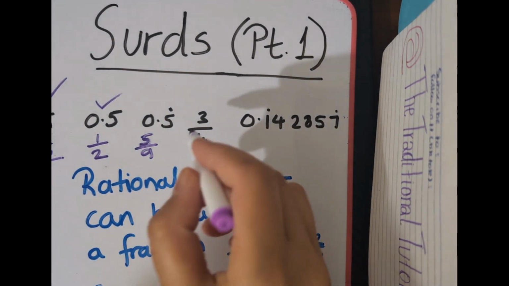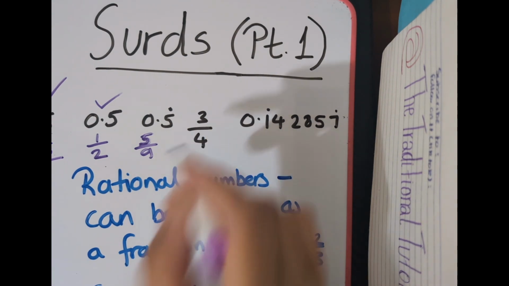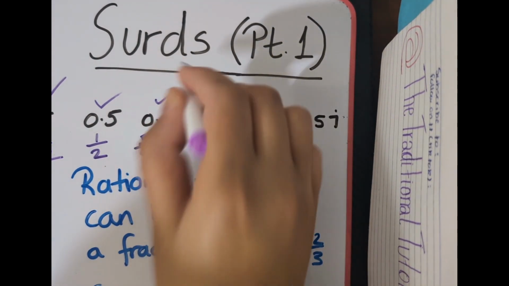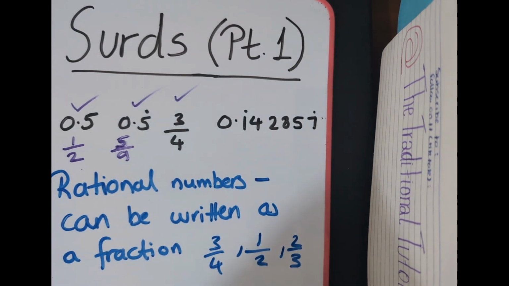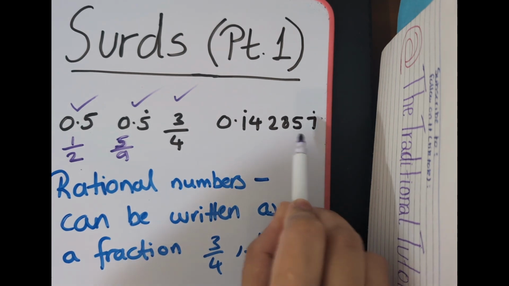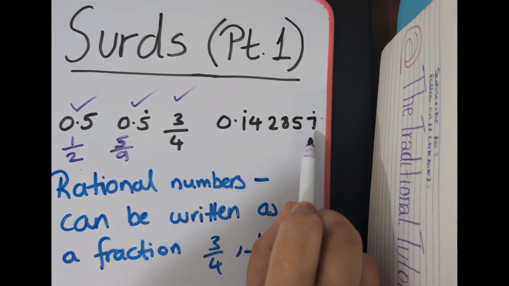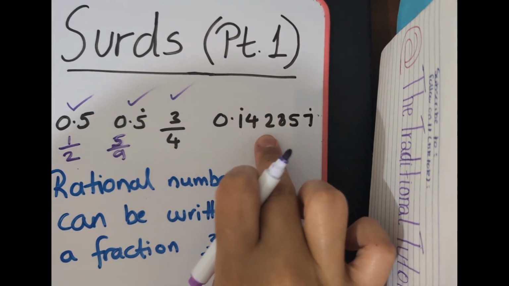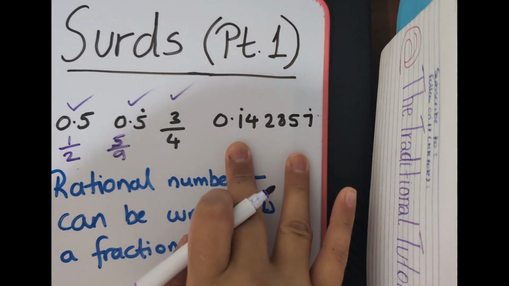Then moving on to 3/4, well, that is already a fraction, so we don't have to do anything there, okay? So hence it already ticks the box for us for a rational number. And then lastly, we've got 0.142857, and the 1 and the 7 parts are recurring. They've got the recurring dots, which means that this whole 1, 2, 3, 4, 5, 6, we've got 6 digits here after the decimal point.